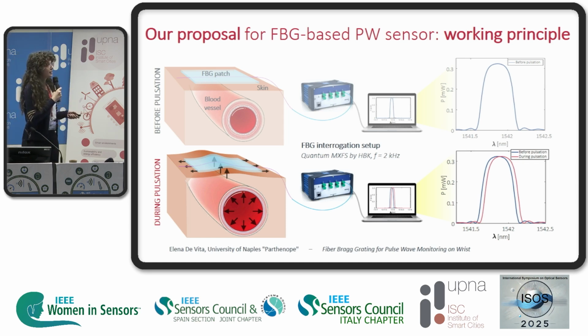And so we can see the shift in the Bragg wavelength. By detecting the shift, we can have information which is proportional to the arterial pressure, the pulse wave.